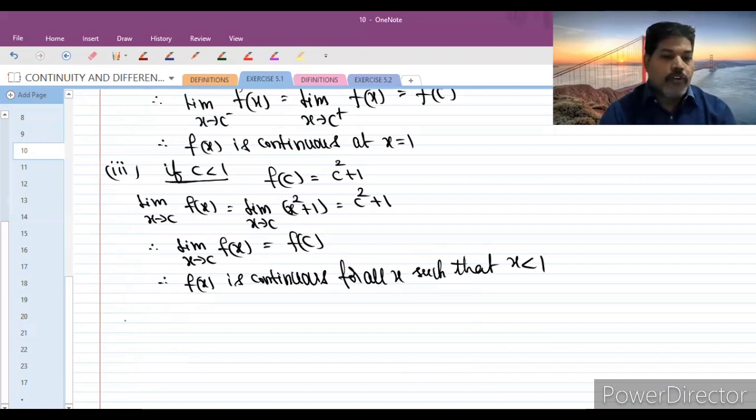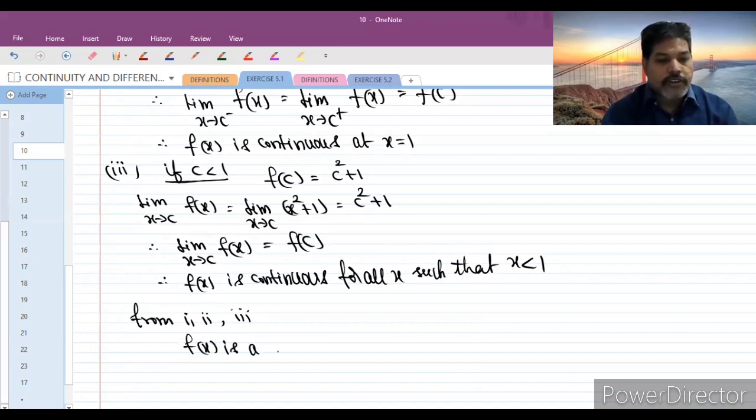Therefore, from cases 1, 2, and 3, we can conclude that f of x is a continuous function.